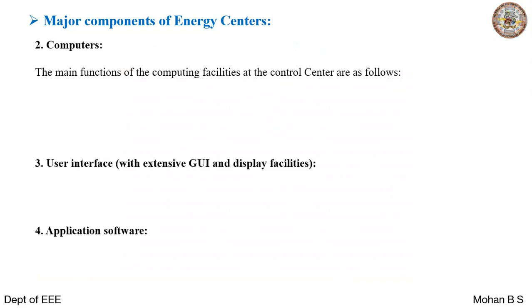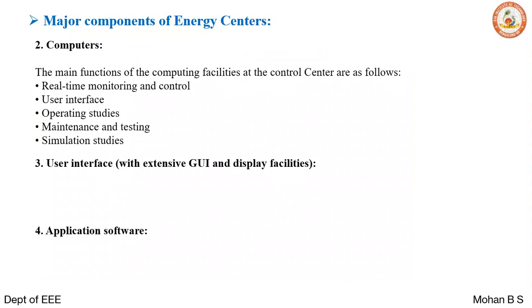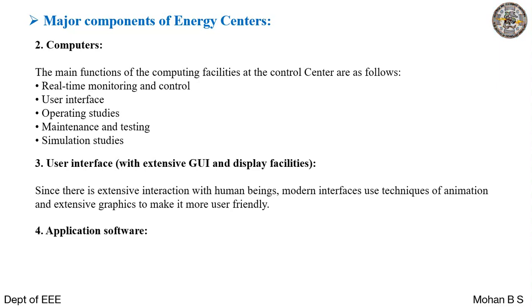The computers, as we are all aware, have main functions: real-time monitoring, user interface, operating studies, maintenance testing, simulation studies. So these are the key parameters under computers, under major components of the energy center. User interface, we are aware of how graphical representation helps us analyze better.